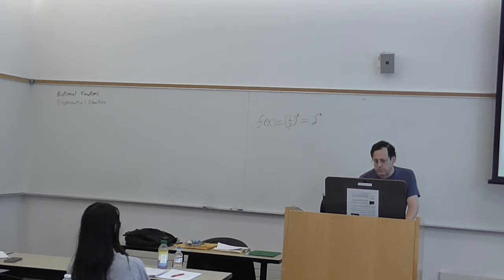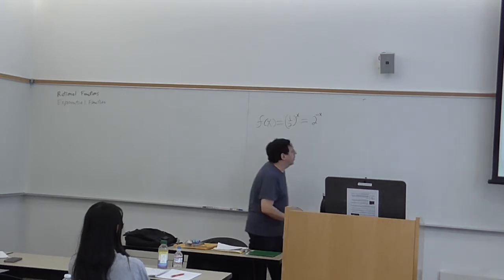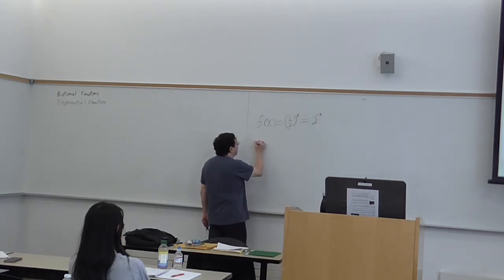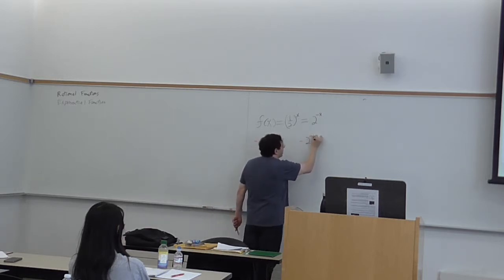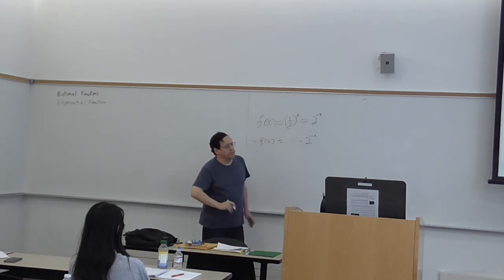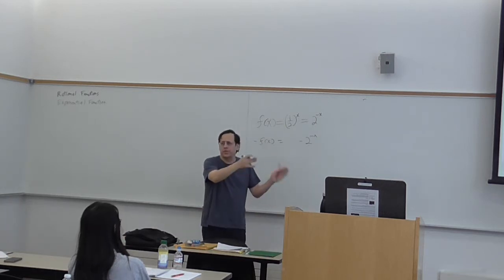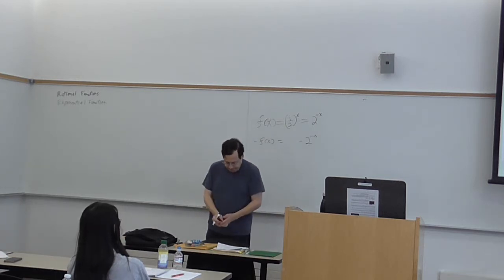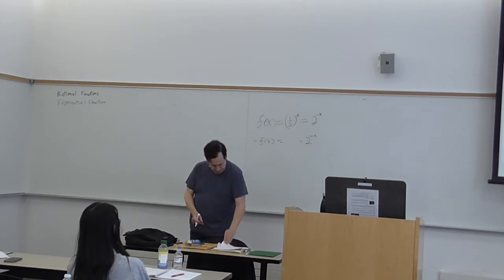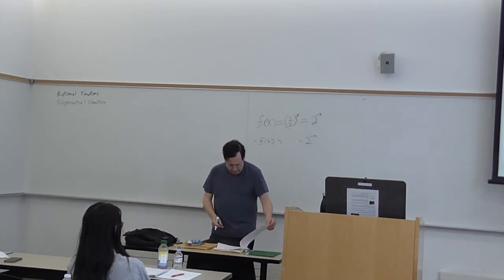Well, if I take this function and multiply it by -1, I get -2 to the minus x. Well, that's just a reflection over the x-axis.